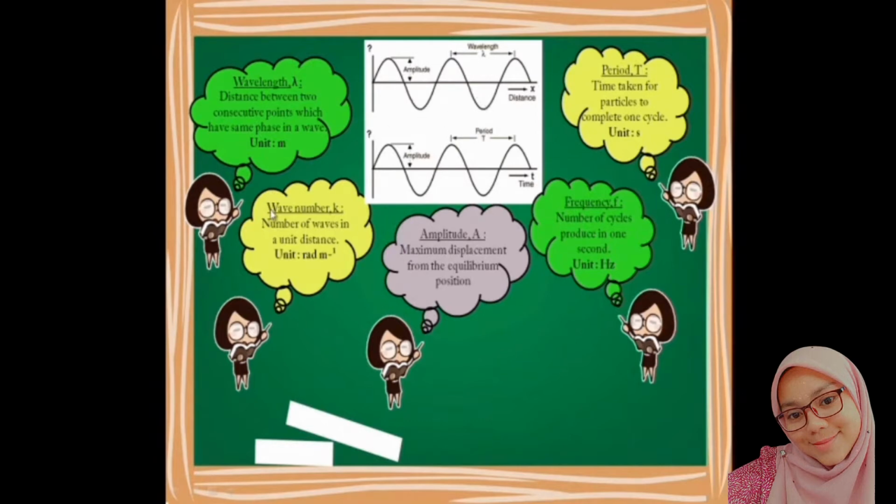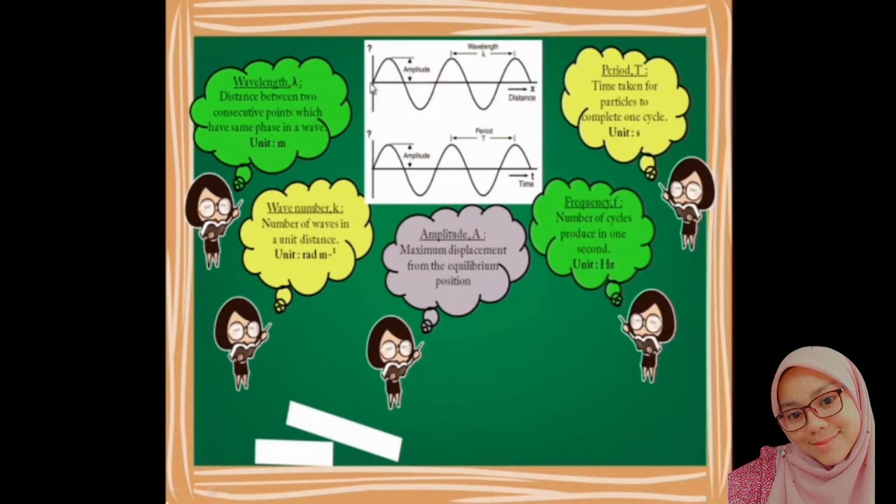So next, wave number, or we call it as wave. So there is a number of waves in a unit distance, and the unit is in radian per meter. And then amplitude. Amplitude is maximum displacement from the equilibrium position.